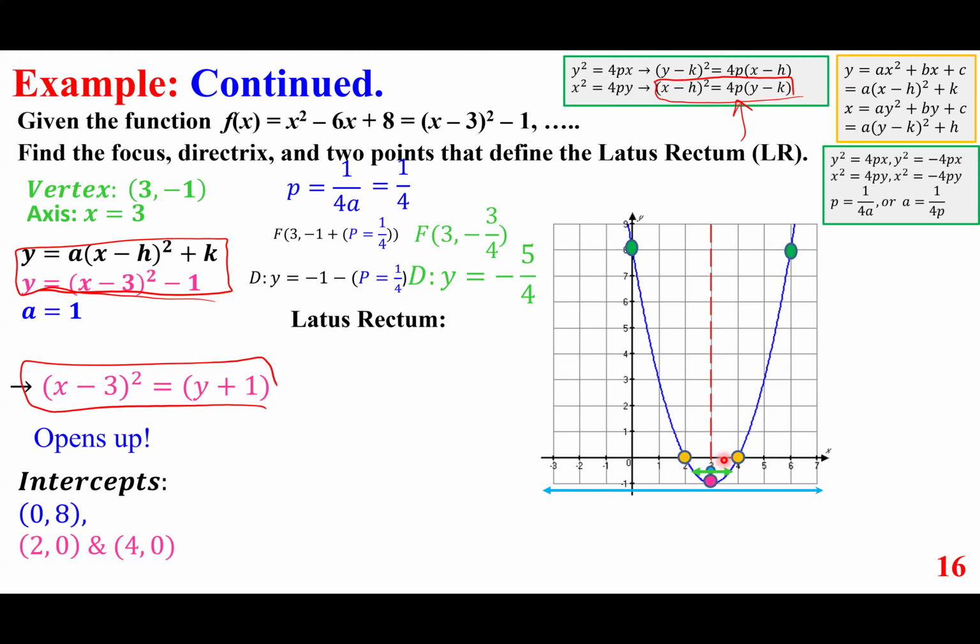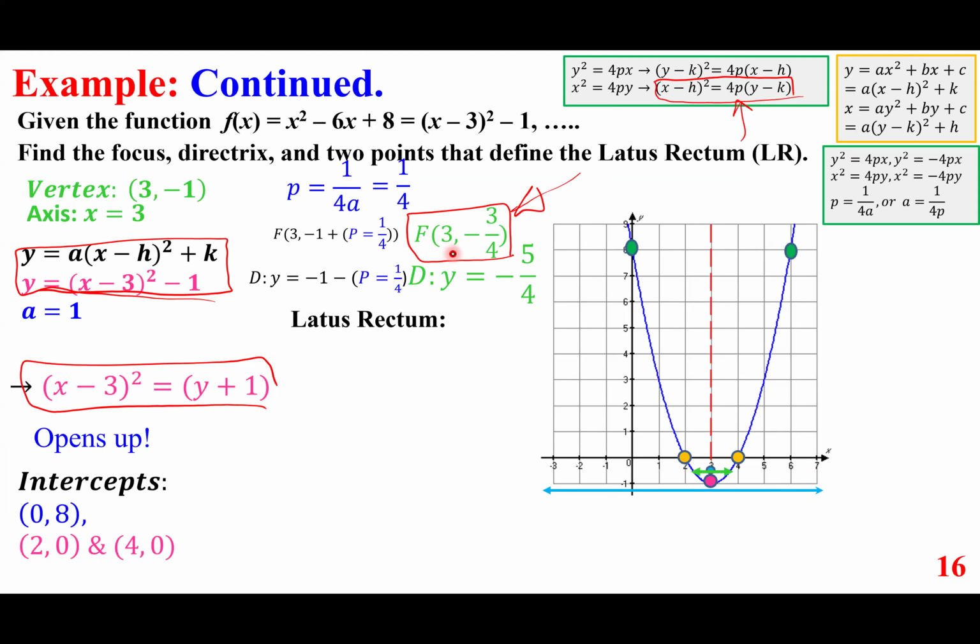Again, this focus, we can find it, and then we use that to get to those two endpoints as well. So the focus, let me just use a different color here. We've already found that, at (3, -3/4).